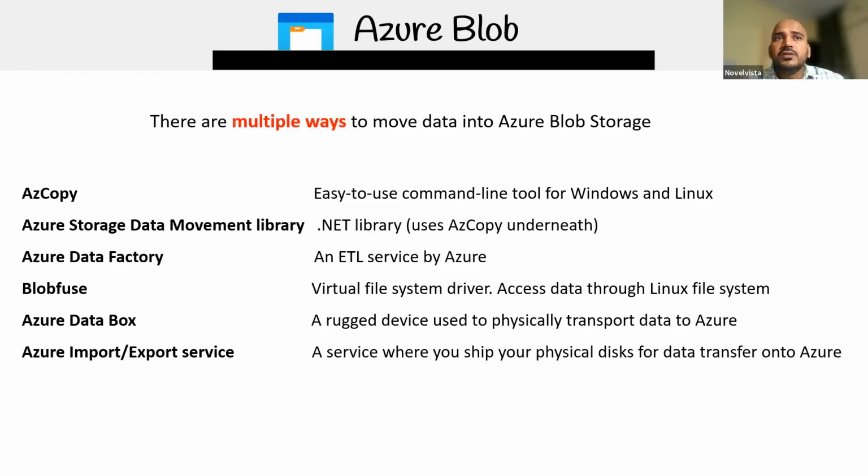Now, these are some of the services using which you can actually move data in Azure storage. We can use AzCopy, which is a command line utility that you can run from a command prompt. We have Azure Storage Data Movement Library. We have Data Factory. Through Data Factory, you can ingest data into Azure. Blob Fuse, Azure Data Box, Import/Export service.